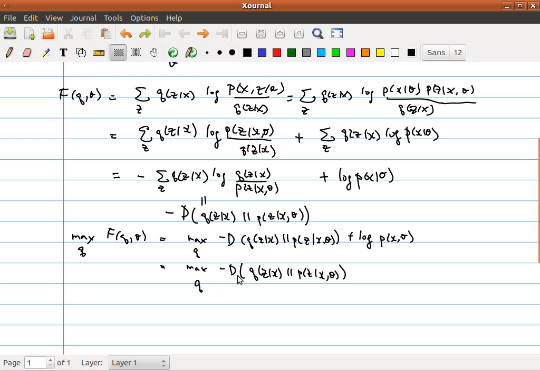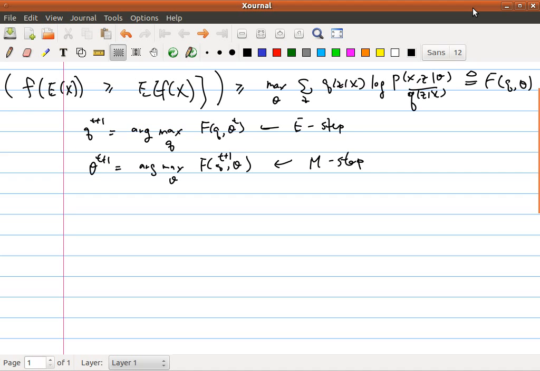Maximizing minus D is the same as minimizing D, which forces Q equal to P. So the optimum Q is just p(z given x, θ). That's very simple.